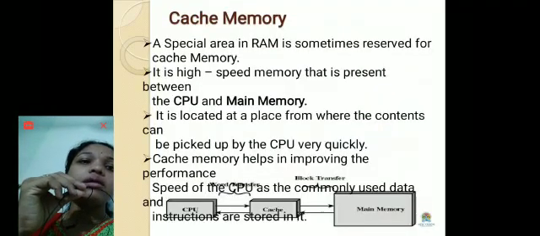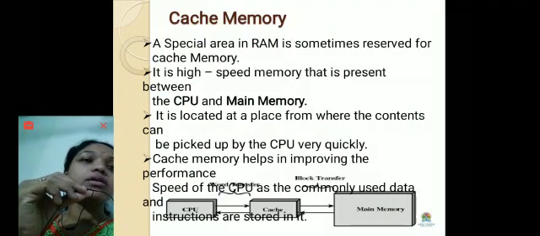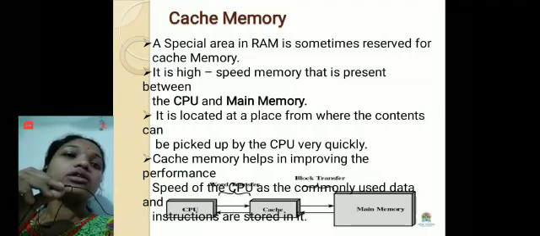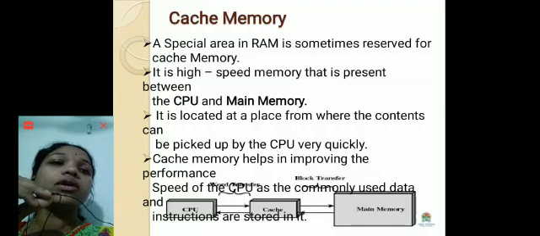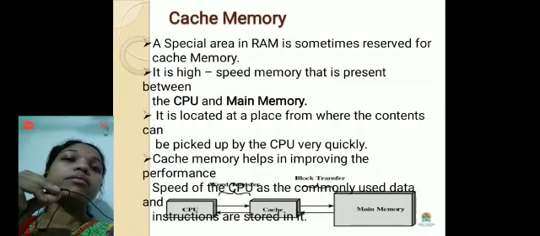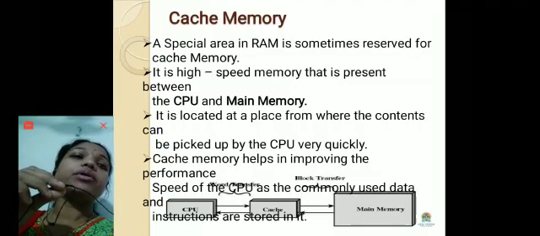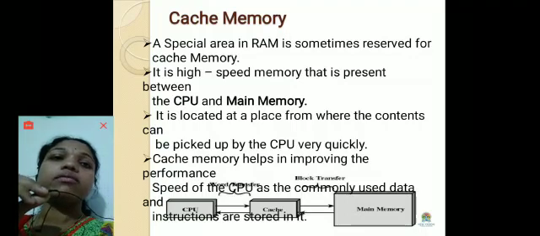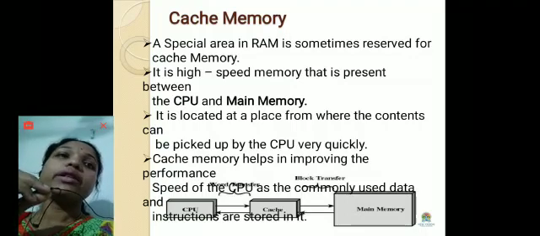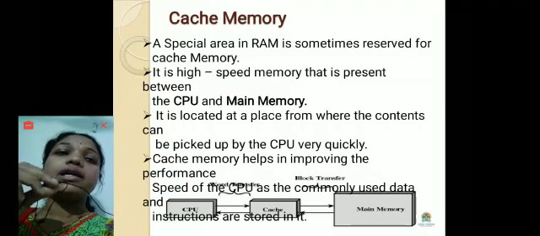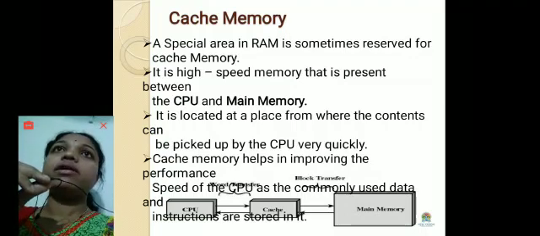Cache memory helps in improving the performance speed of the CPU, as the commonly used data and instructions are stored in it. If RAM is full, then the computer will go slow. Then what does cache memory do? It controls the data and sends it one by one.